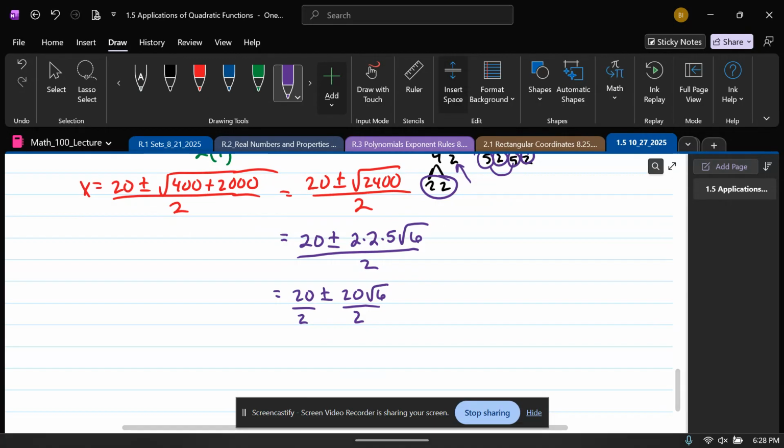So 2 times 2 times 5 would be 20. So I have 20 over 2 plus or minus 20 radical 6 over 2.